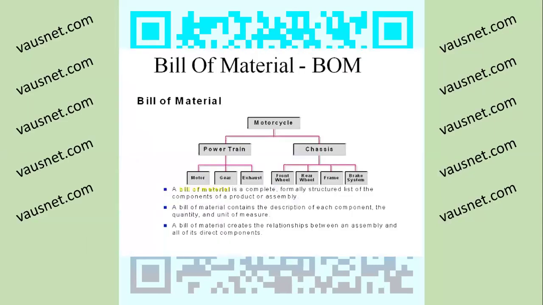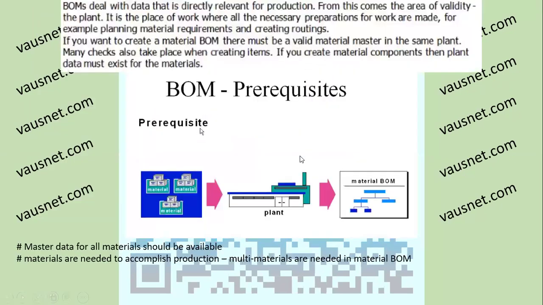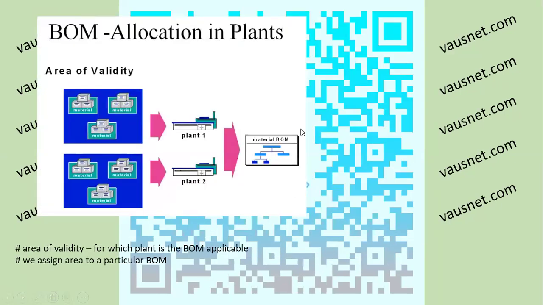Bills of material. We've already seen this, BOM prerequisites. Now, BOM allocation in plants. BOM allocation basically is that you are creating one semi-finished good or a finished good, and you have created a bill of materials, but some of the material will be sourced and used at plant one, and the other is coming from plant two.